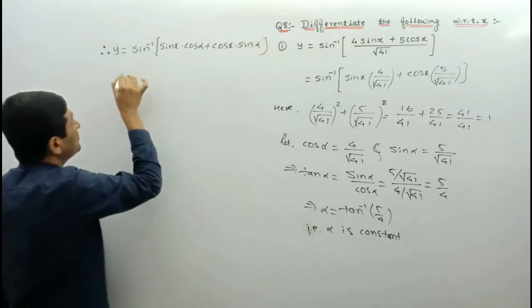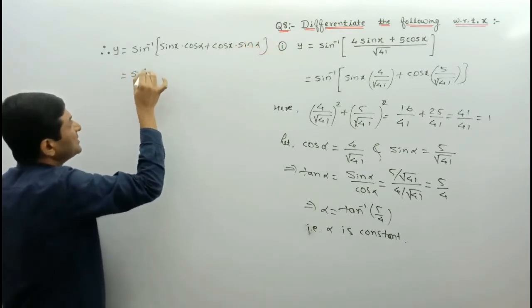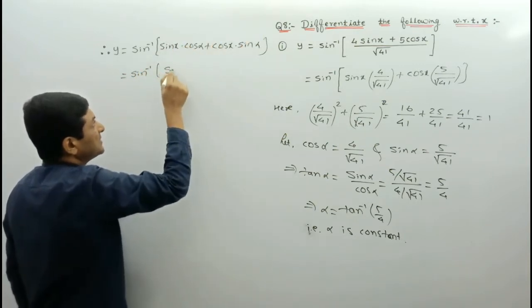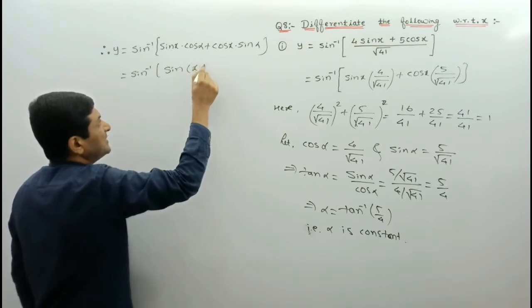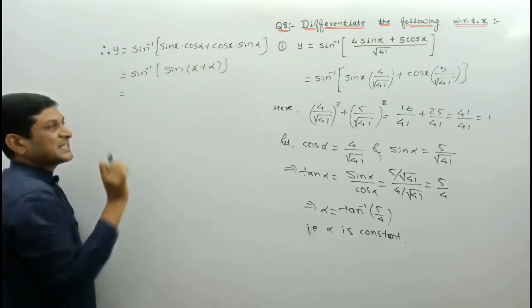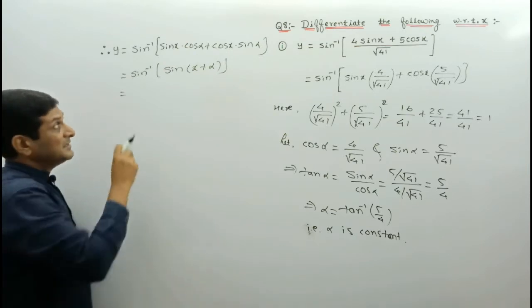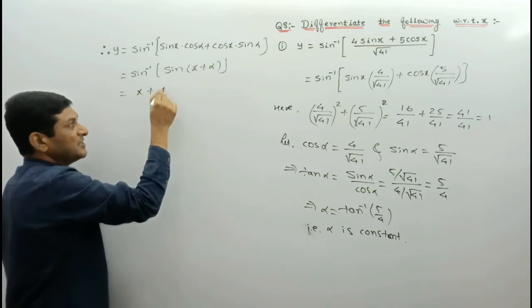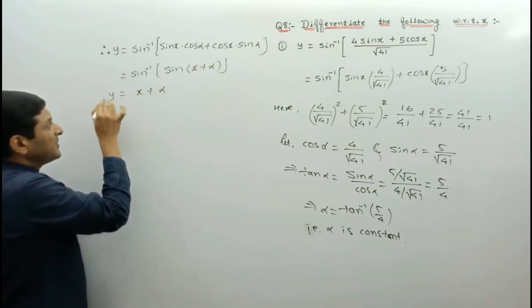So which is equal to sin inverse of sin a into cos b plus cos a into sin b, which is the value of sin(a+b). A is x and b is alpha. Now we have converted this expression in terms of sin. According to our property, sin inverse and sin will get cancelled. What are we getting here? x plus alpha. This is the value of y.